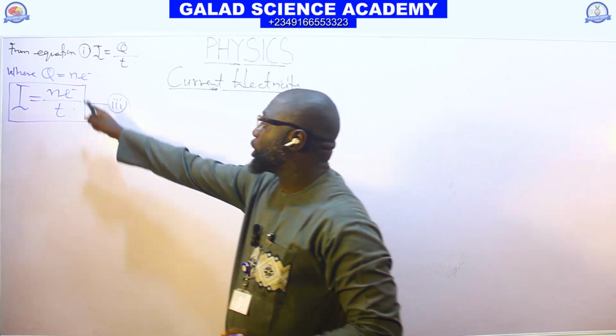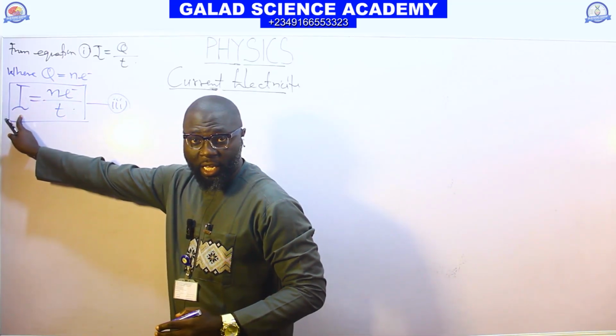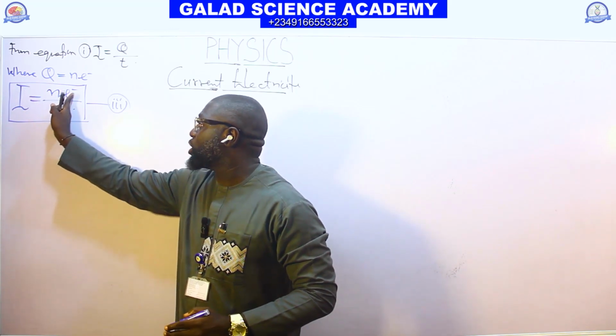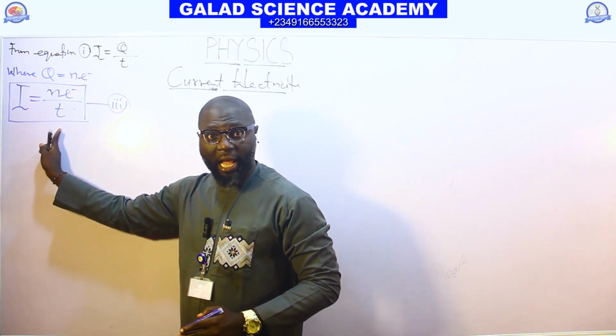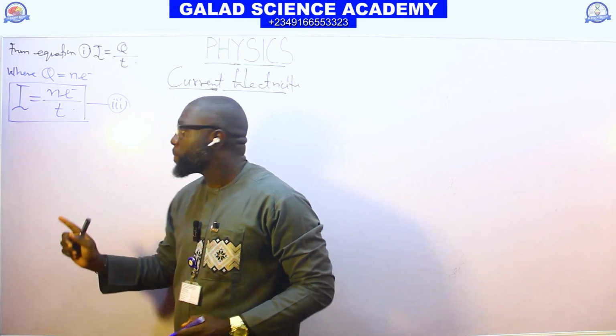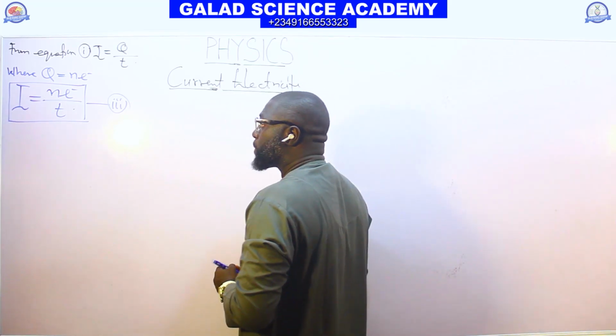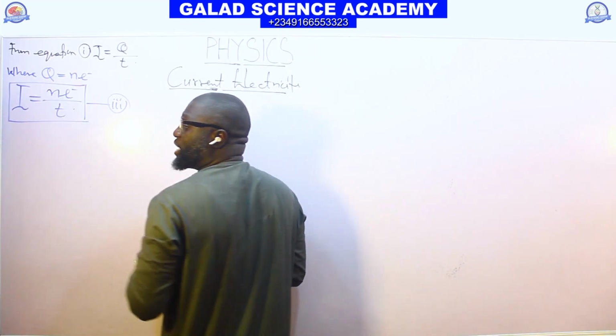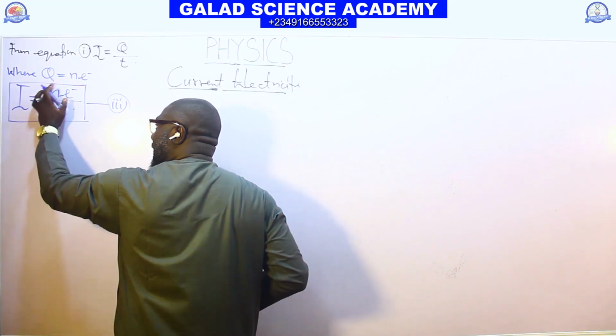If you are asked to find the electric current in terms of the number of charges, charge of electron and time T, use this. Again, from this expression, let me make N the subject.